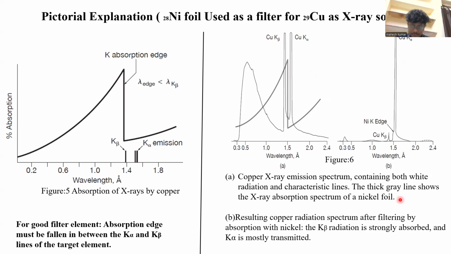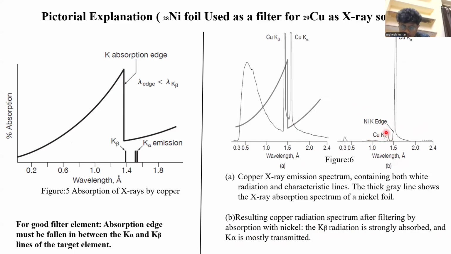As a result, see figure 6 part B. This figure represents the resulting copper radiation spectrum after filtering by absorption with nickel. The K beta radiation is strongly absorbed and K alpha is mostly transmitted.